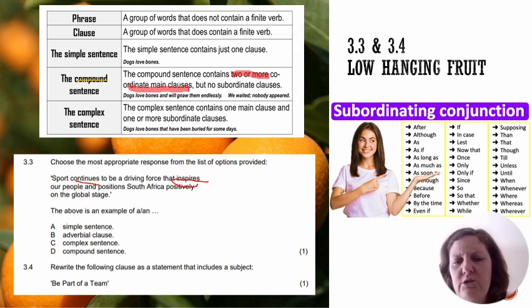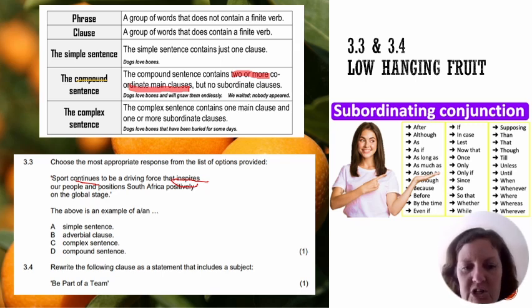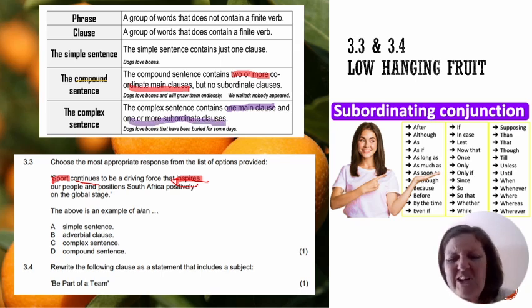Sport continues to be a driving force that inspires. There's a direct relationship between the sport, the subject at the beginning of the sentence here, and the second verb, the inspiring, which must mean that my sentence is a complex sentence. What is a complex sentence? A sentence that contains one main clause and one or more subordinate clauses. So it's a complex sentence.